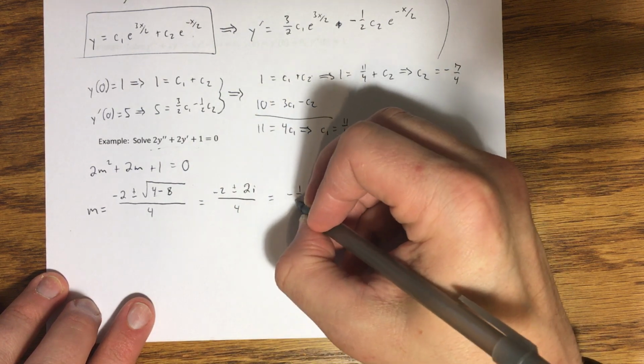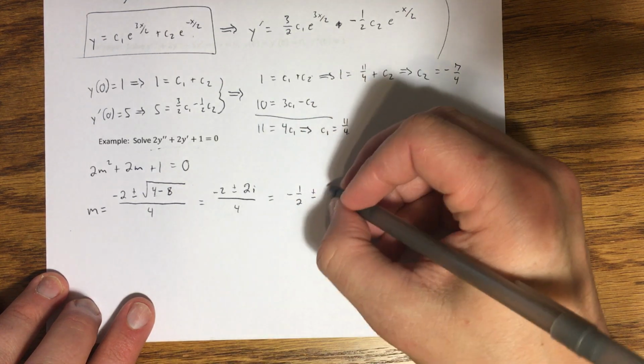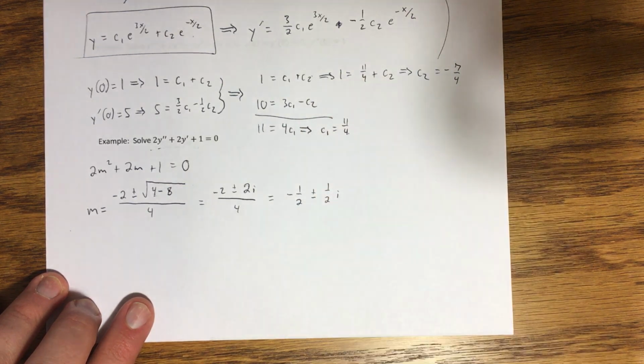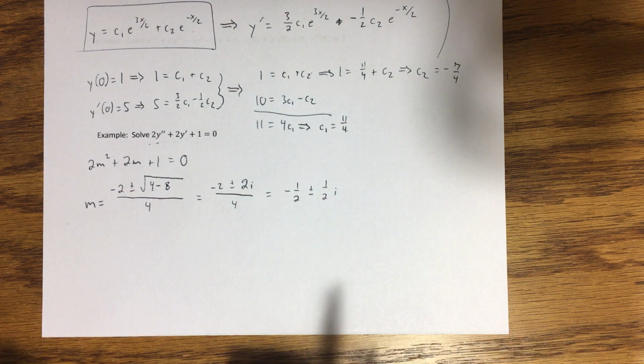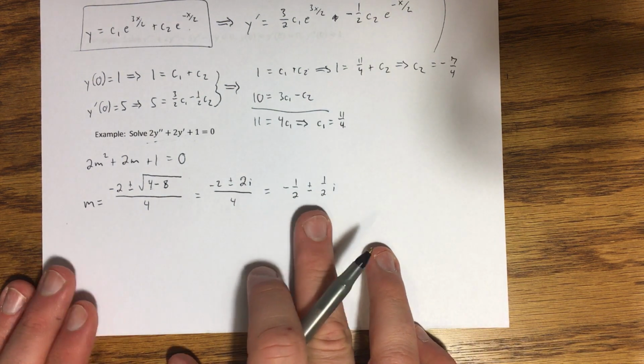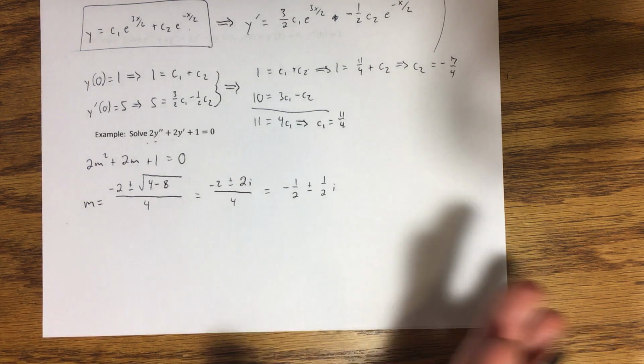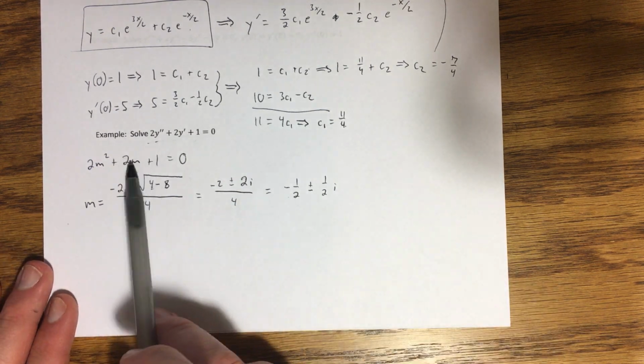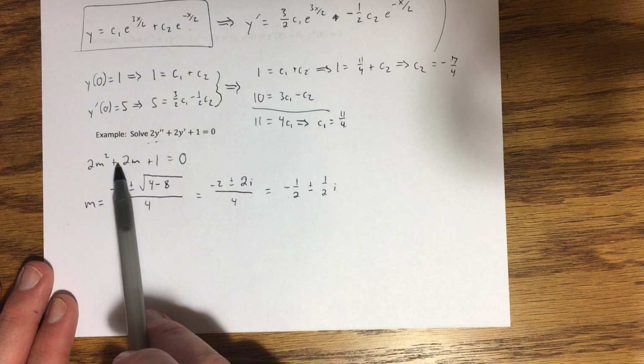Or this could be written as negative 1/2 plus or minus 1/2 i. Okay, this is my solution set. These two complex conjugates are my solutions to that auxiliary equation up there.